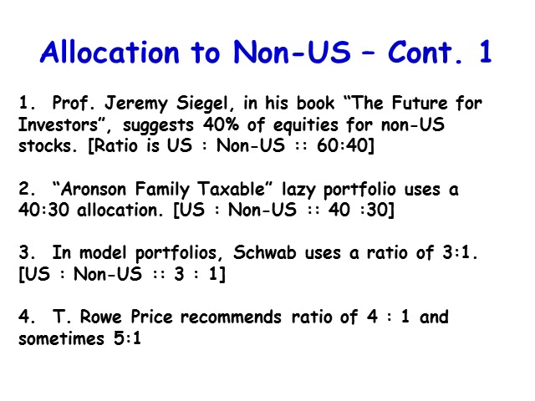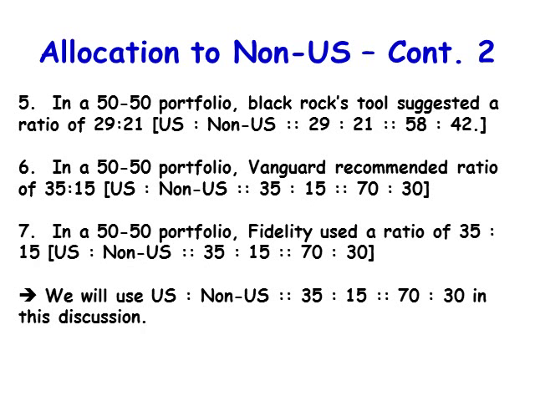Okay, let's continue from here. In a 50-50 portfolio, BlackRock's tool suggested a US to non-US ratio of 29 to 21, which is 58 to 42. That's 58% to US stocks and 42% to non-US stocks. And it kept changing. That's the number it gave one day, and it might give you different numbers on another day.